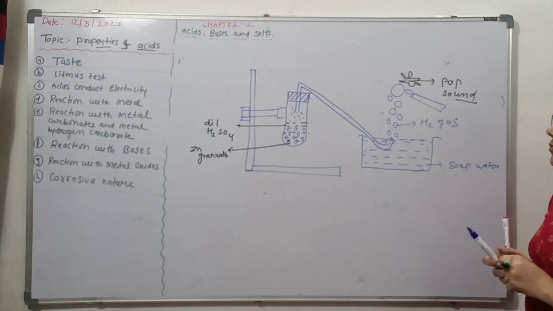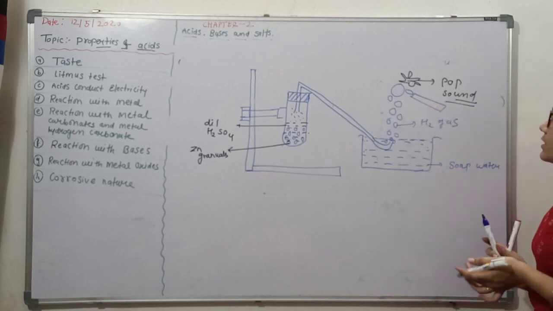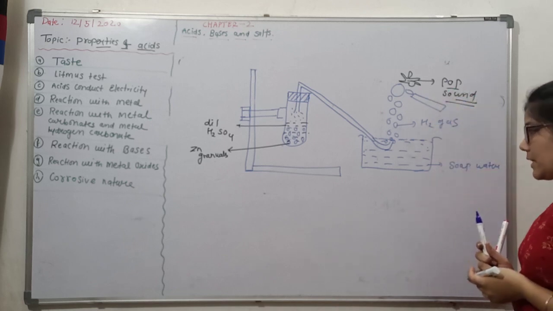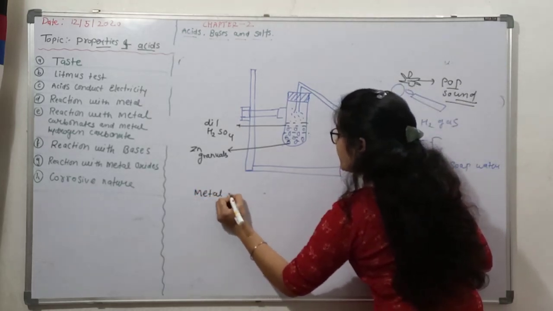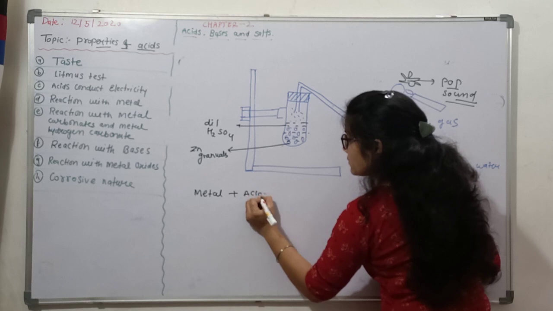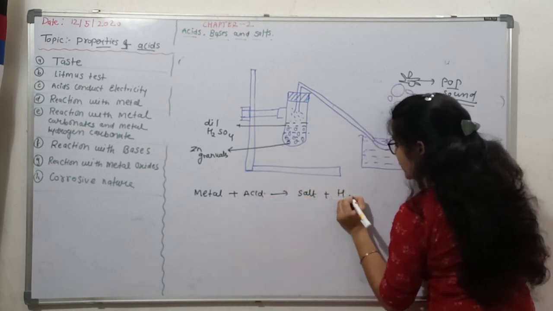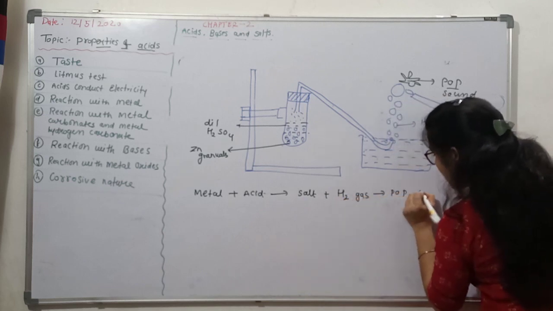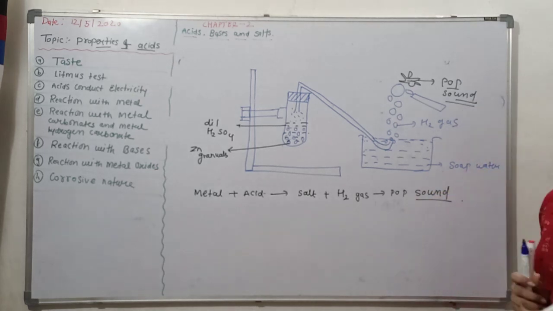This proves that only hydrogen gas, as I told you, gives a pop sound. So from this activity it is clear that when metal reacts with acid, it produces a salt and hydrogen gas, which can be identified by the pop sound. Remember, this is the fourth property of acid.